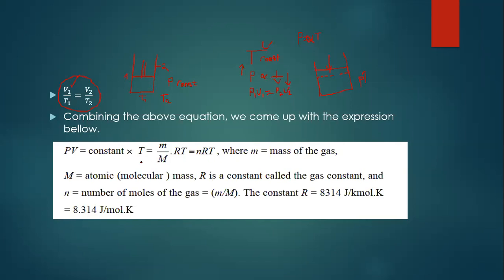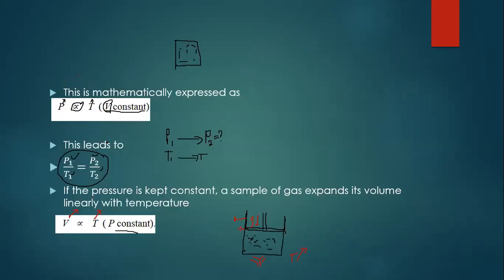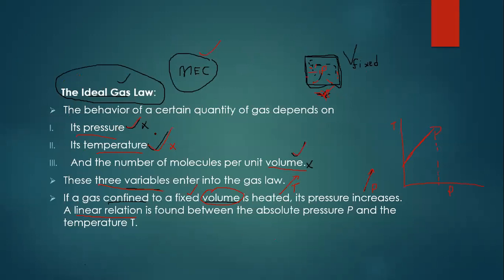Okay, so now we continue on, just to talk about the last part. When we combine these premises, remember here we dealt with them individually. We dealt with pressure, temperature, and volume individually.